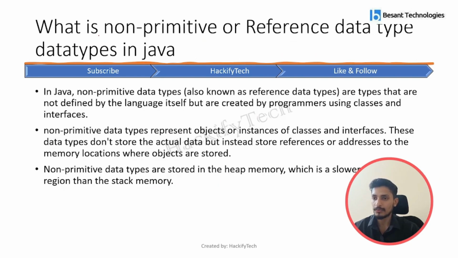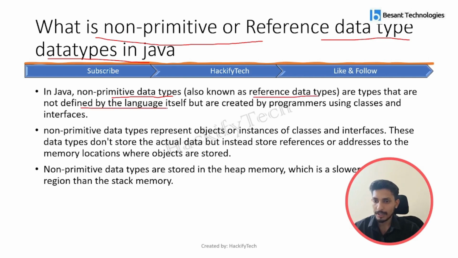So then we have what is a non-primitive or reference data type in Java. A non-primitive data type is also known as a reference data type. They are not defined by the language itself, but they are created by the programmer with the help of classes and interfaces. So basically the programmer will be defining these non-primitive data types to store the values.